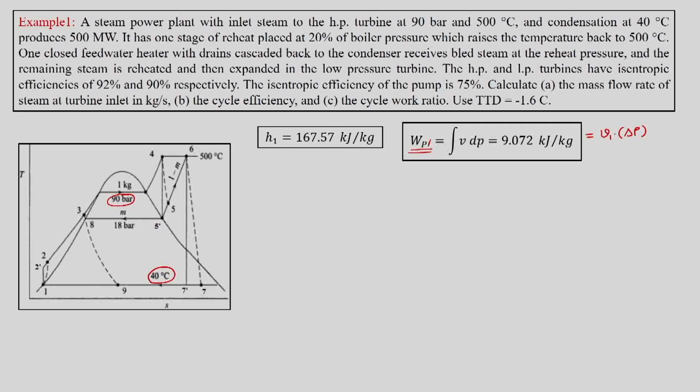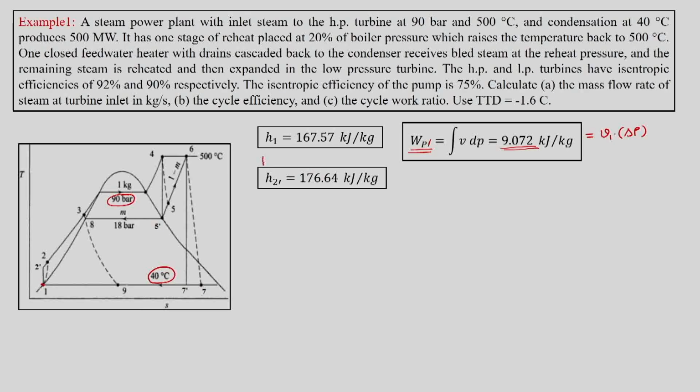V1 is the specific volume at this state. This will give us the pump work in the ideal case, but we know that pump efficiency is given as 75%, so that is not the correct work actually required in the pump. Knowing this, we can find H2 dash.